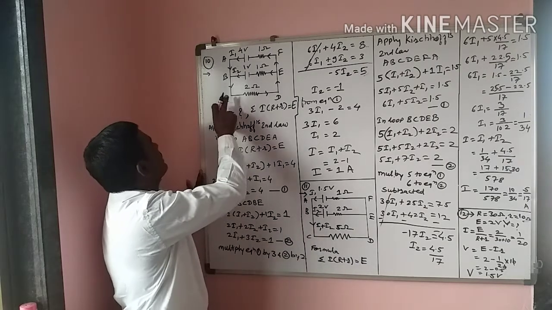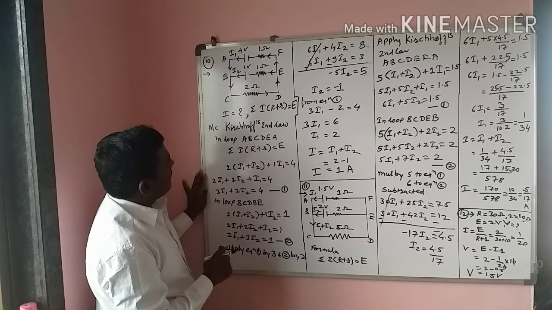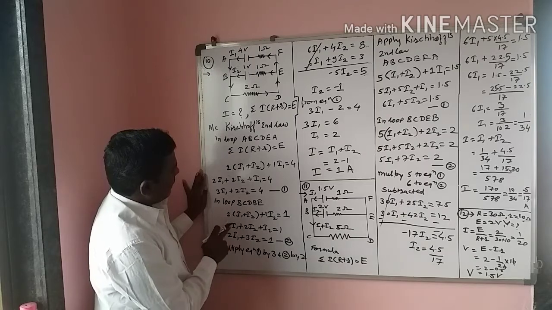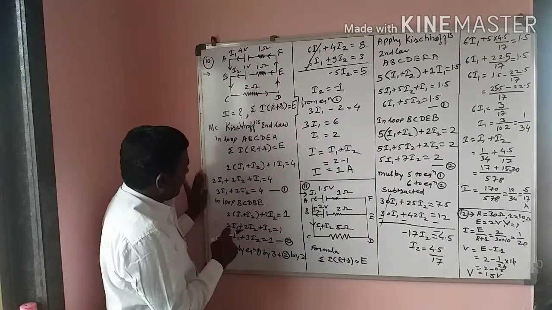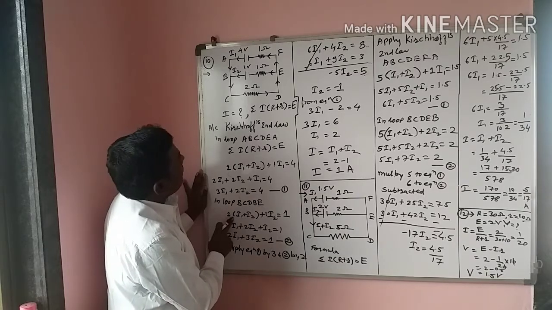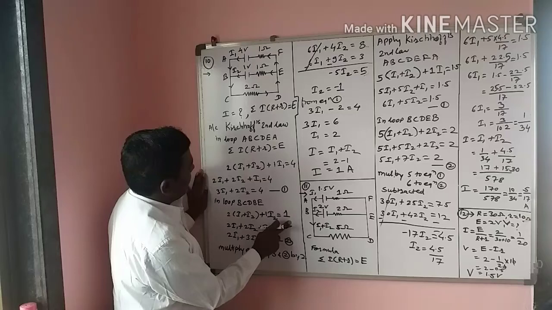If we concentrate on the second loop, B C D B E, again we consider this track, in that 2 times I1 plus I2 plus 1 times I2 is equal to 1.